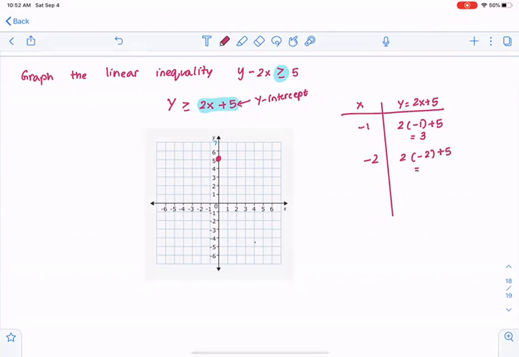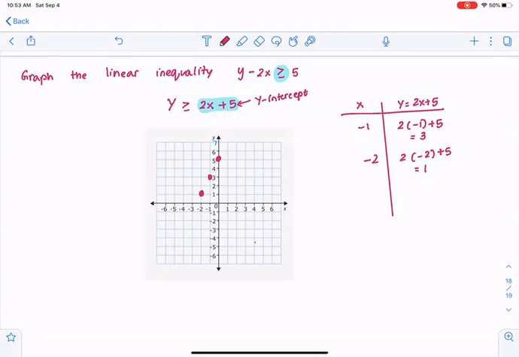That is 5 minus 4, so I'll get 1. I just need 2 points to connect the line, but I'm using 3 so that I could draw better. So at -1, we have 3. At -2, we'll have 1.